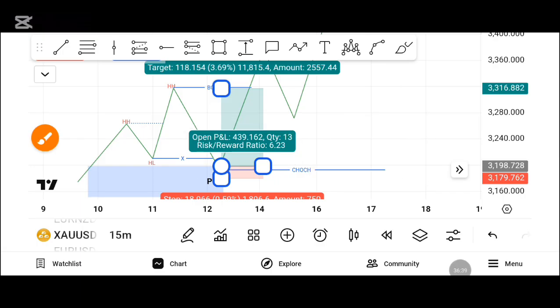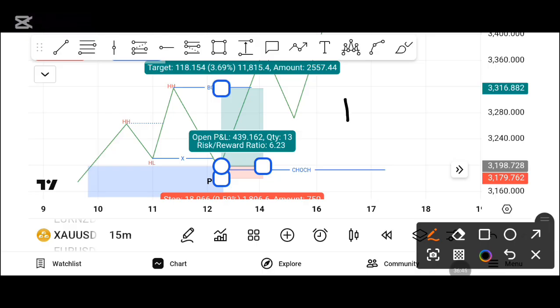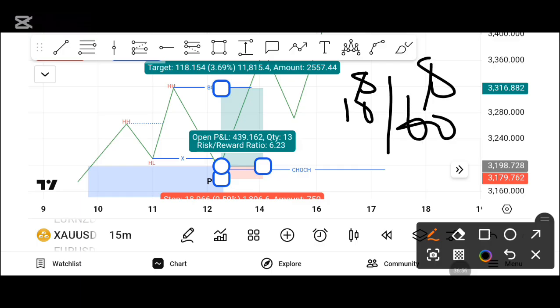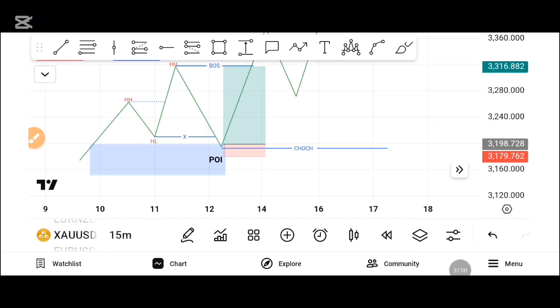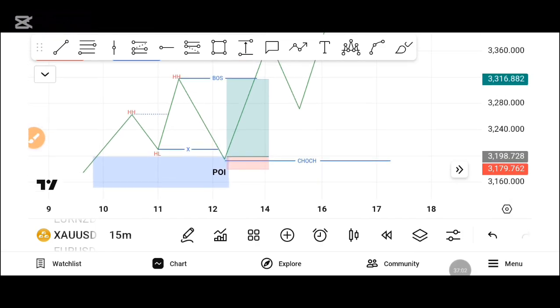And if you are risking $10 on this trade, you'll be making $60. So this is how we make money on forex trading, by just doing our mappings.